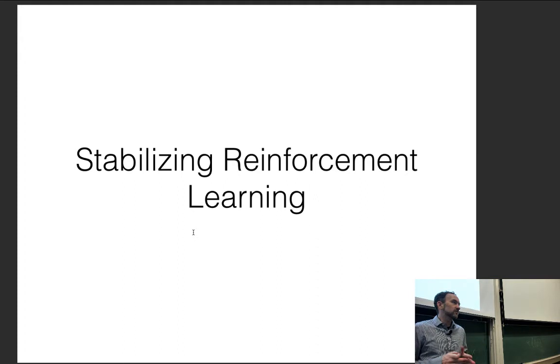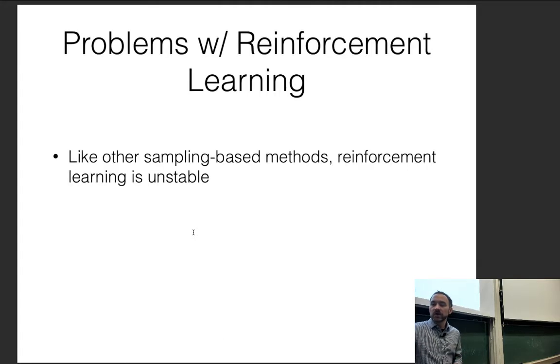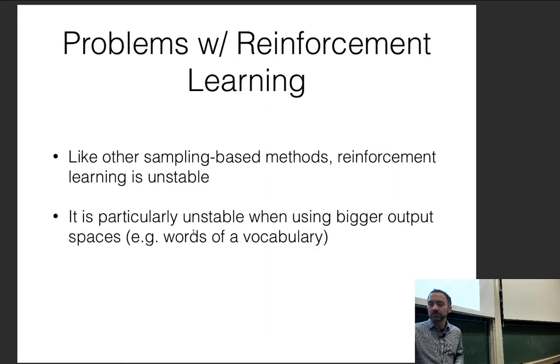This is kind of the background for reinforcement learning style training methods. The big problem with applying reinforcement learning to NLP tasks, the big problem with applying reinforcement learning overall, is that like other sampling-based methods, where we're sampling a subset of the potential things we could output, reinforcement learning is unstable.